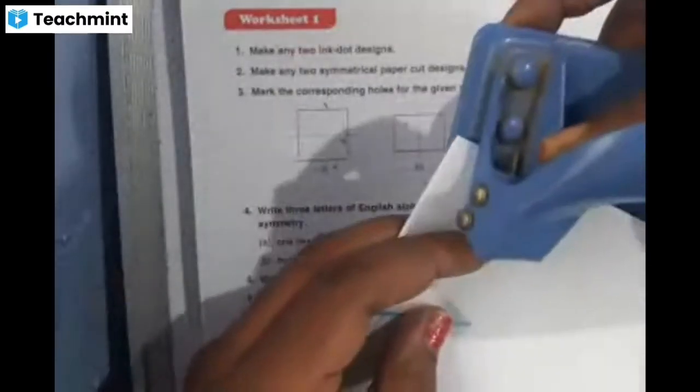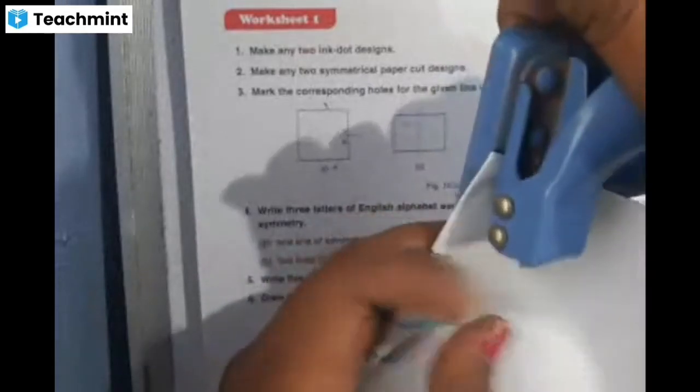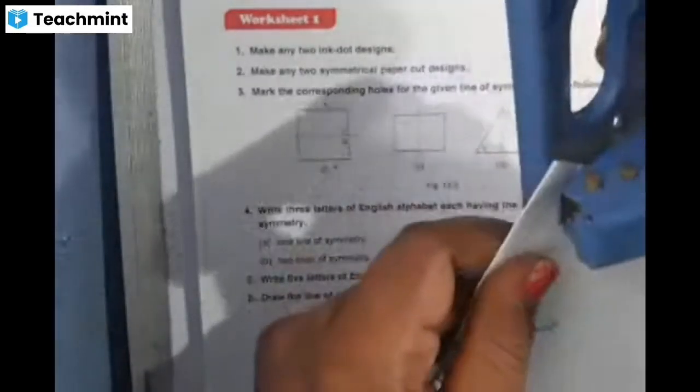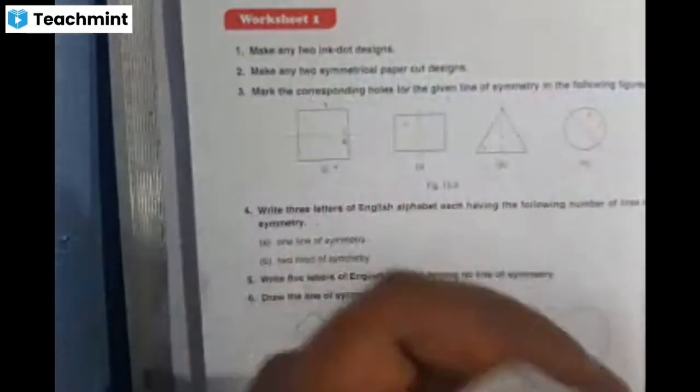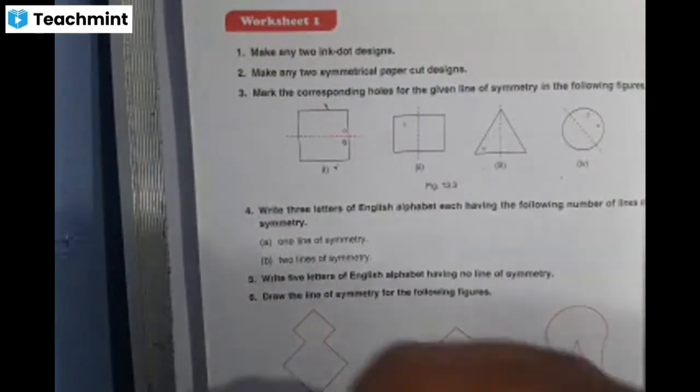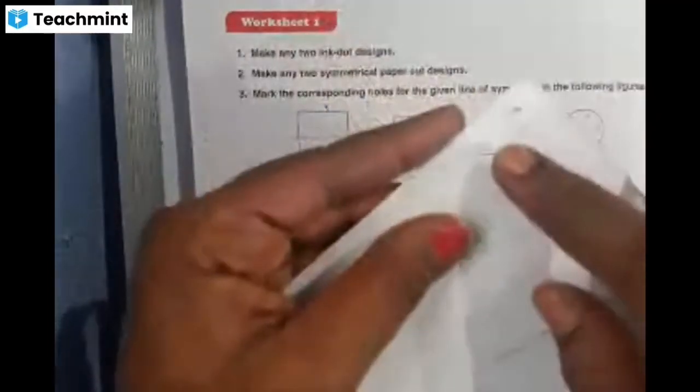Now with the help of punching machine, what I'm going to do is I'm just punching it here. So when I punch here, what happens is here I have made the hole, children, isn't it?